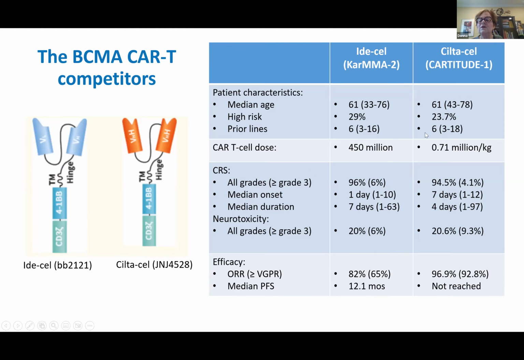Maybe they'd only had one line of treatment, and that's why the results are different. It's little to do with the drug or agent itself. But when you look here, they're really quite similar in the characteristics, and there's an apparent benefit or a better outcome with CARTITUDE.